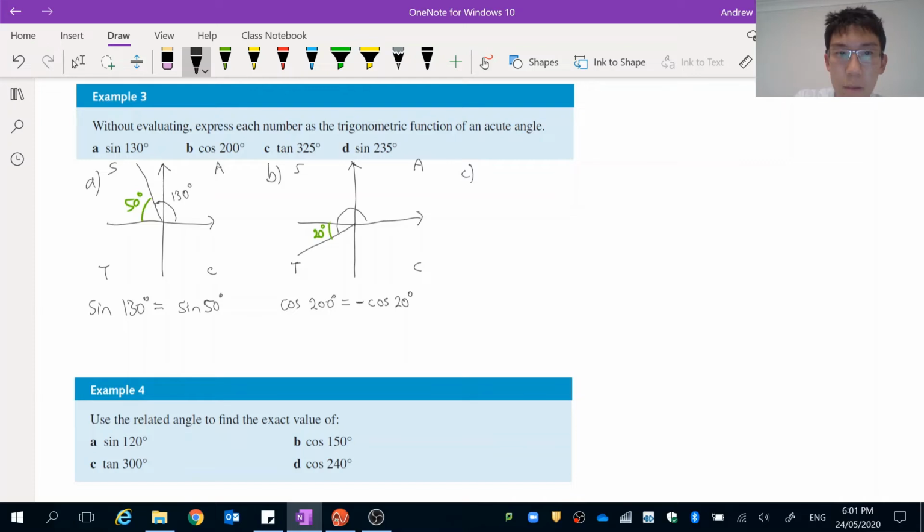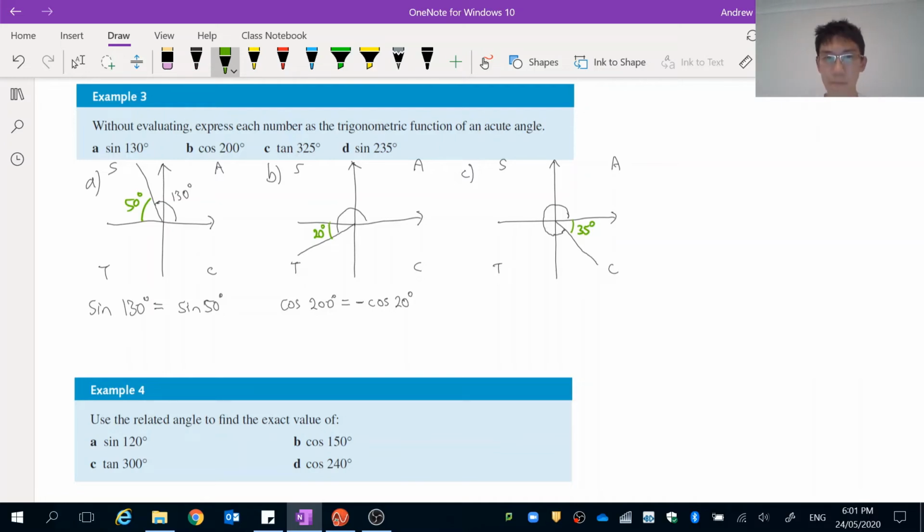Okay, tan 325. Let's try this. So remember that 180 is halfway, and then 270 is 3/4, so 325 must be in here somewhere. Now a full circle is 360, so this angle needs to be 35 degrees if we were to make a full circle.